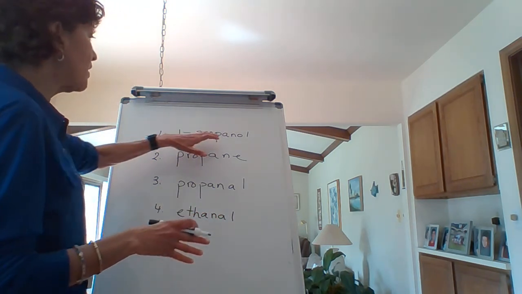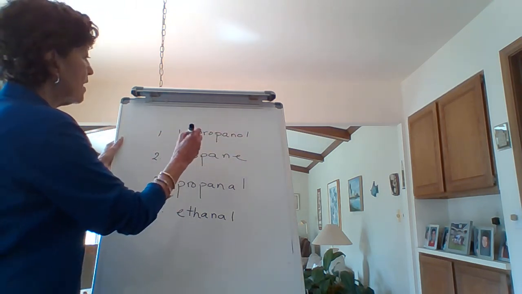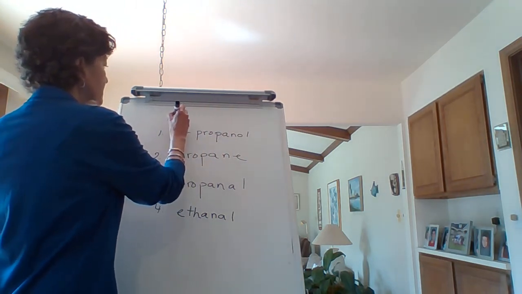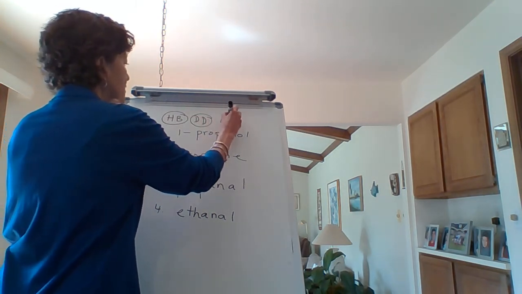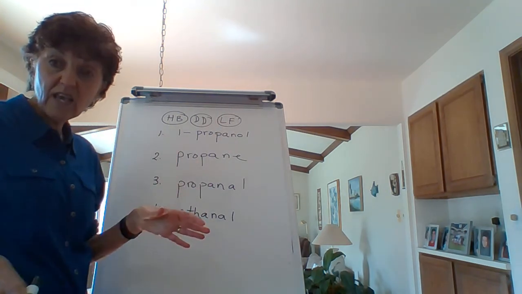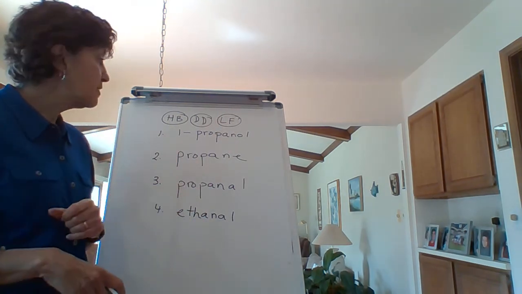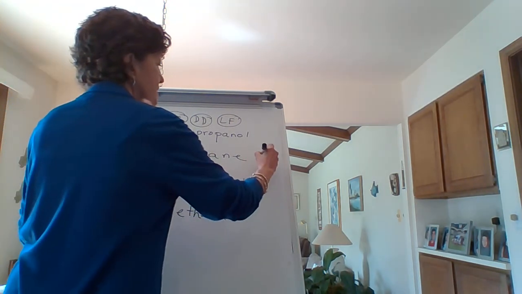So you look at them. 1-propanol, this is an alcohol, so it can do hydrogen bond, it can do dipole-dipole, and it can do London force. Propane, alkane, super boring, doesn't have any polarity. The only thing it can do is London force.